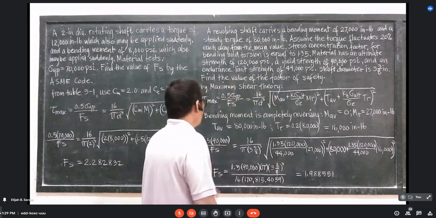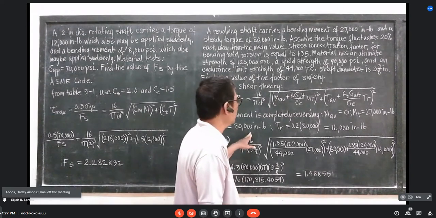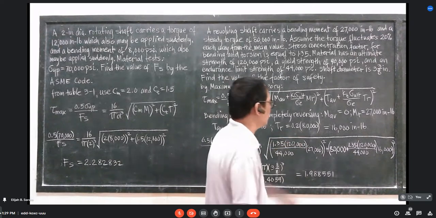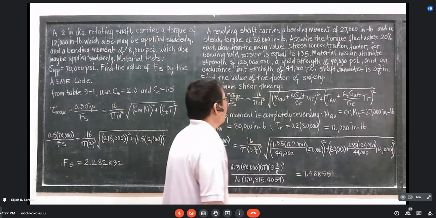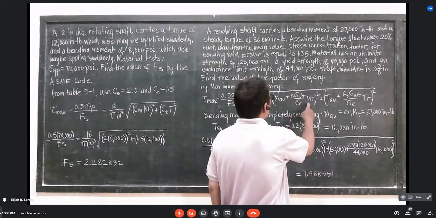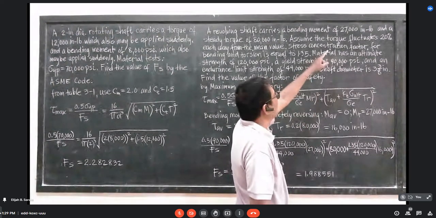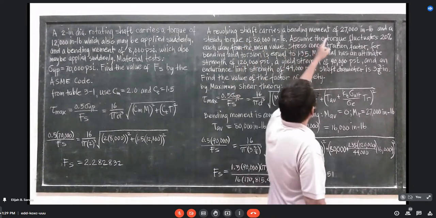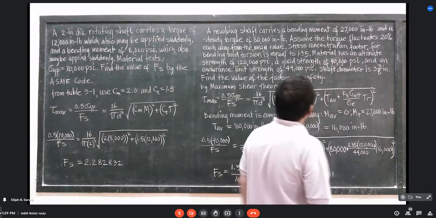So therefore, your average for the torque is 80,000 inch-pound. And then your range is 20% of that 80,000, which is 16,000 inch-pound. However, let's look at the moment. There is only one figure there, given that the revolving shaft carries a bending moment of 27,000 inch-pound.